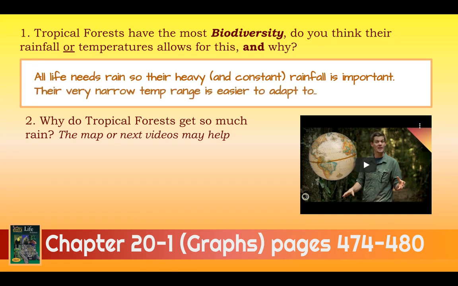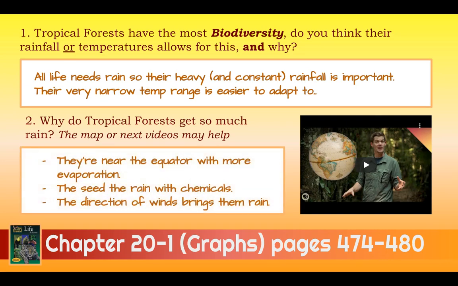And they have unchanging temperatures because they're tropical. They don't even have winter, which means it's really easy to adapt to. The weather is almost always the same. There's always water. It's always nice. Unfortunately, because of all that biodiversity, it's always crowded, and there's always something that wants to infect you or eat you. So that's the hard part in the tropical forest.